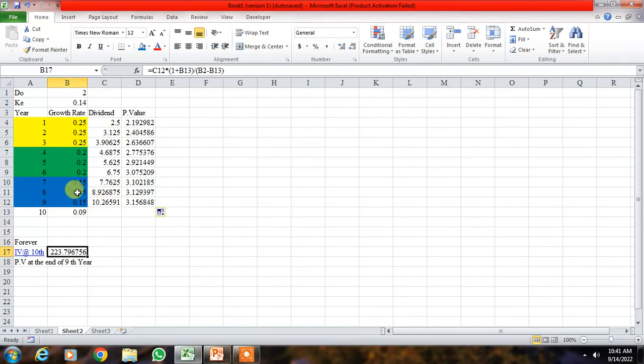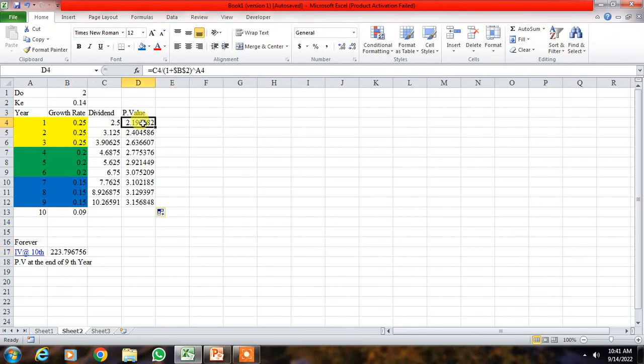The one thing different is that this is the present value of those expected cash flows at the 10th year, or we can say at the end of the ninth year. So we are supposed to find out the present value of these expected cash flows as well, because we are going to decide today whether we should buy it or not.